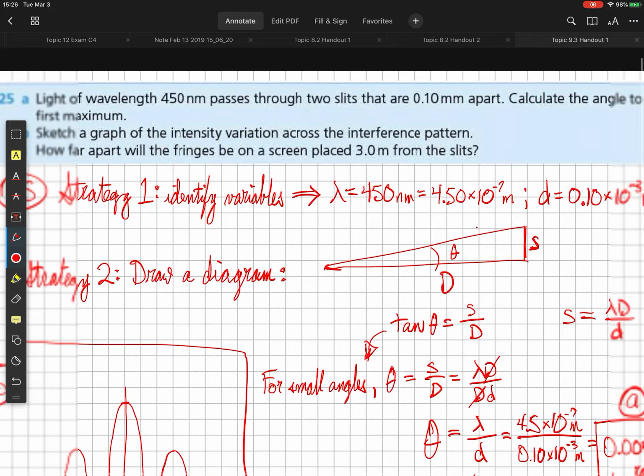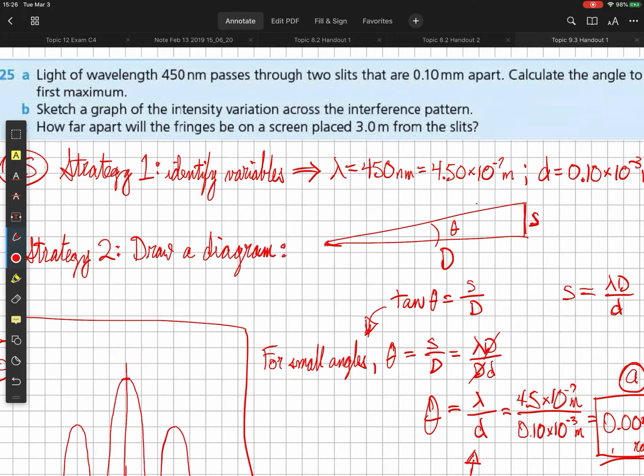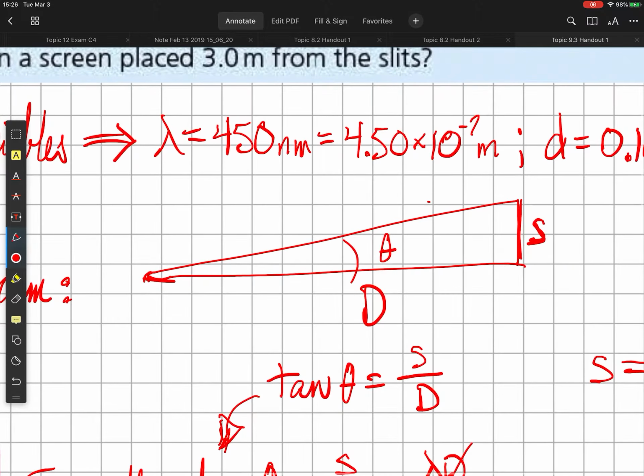Okay, never a bad idea to draw a diagram. And so I've done that here where I have D, the distance to the screen, and S, the distance between maxima or possibly minima. In this case, that would be okay, but usually preferably maxima.